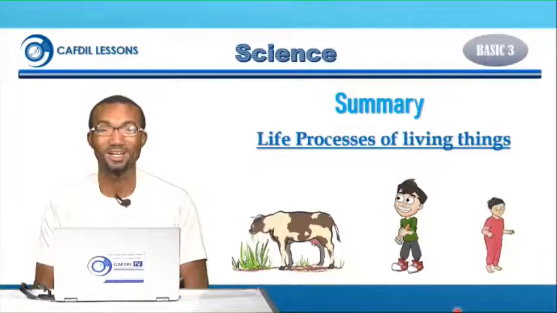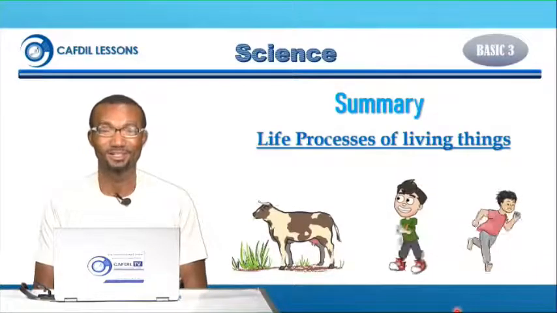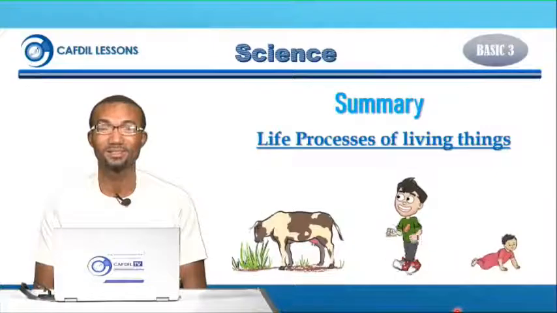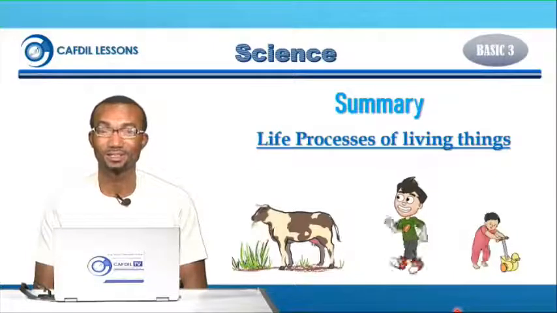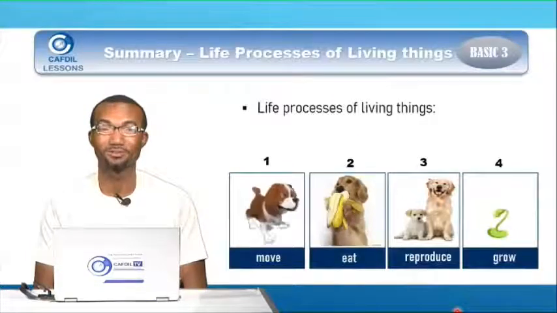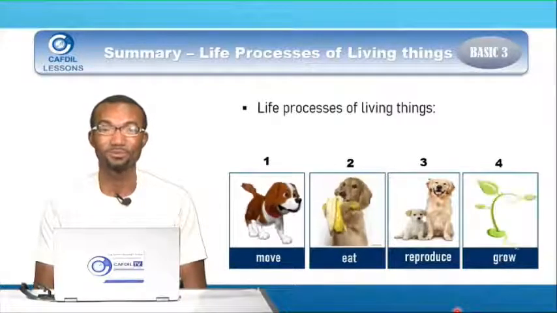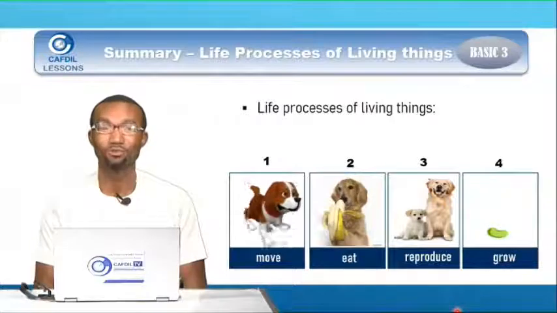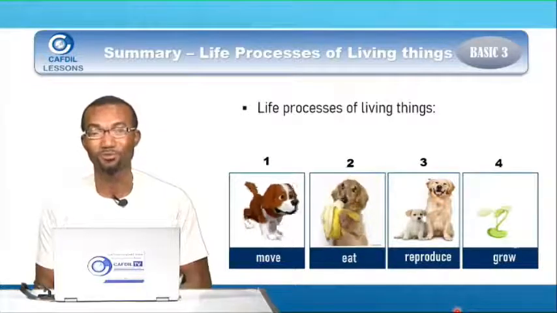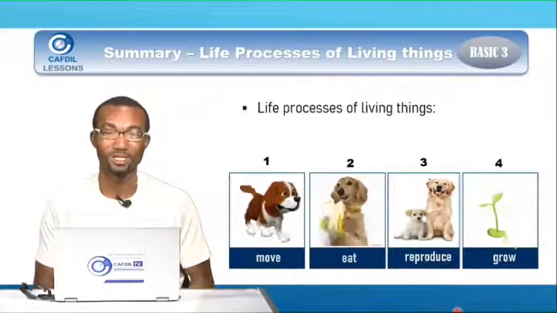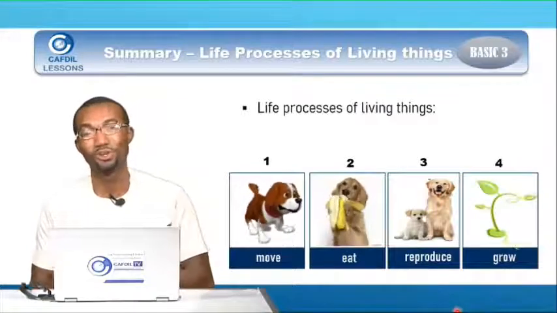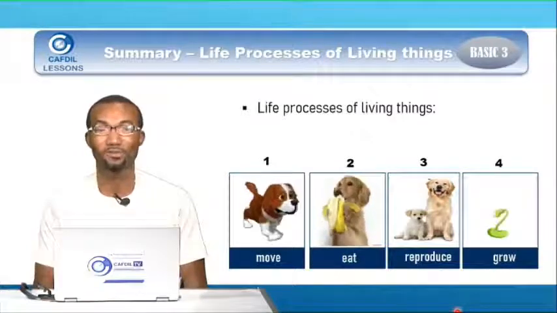We are almost at the end of this lesson on life processes of living things. Okay, so let's go over what we have learned. The first life process we talked about is movement. That living things move. You saw animals moving, you saw human beings moving, and we said plants move towards the direction of sunlight.